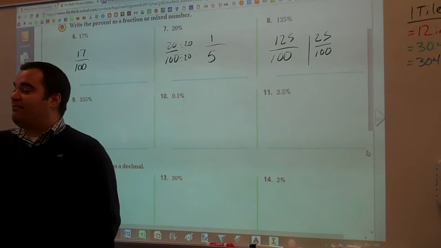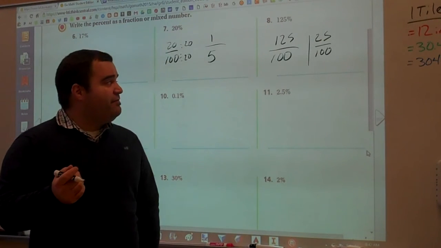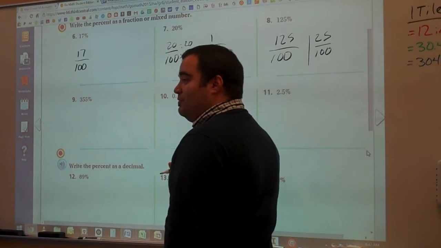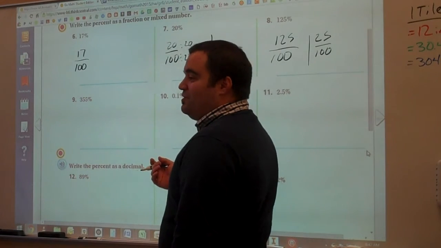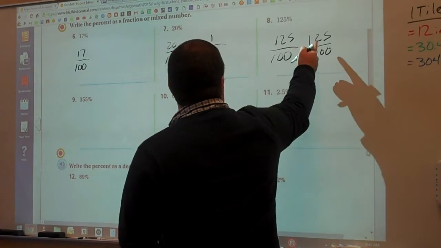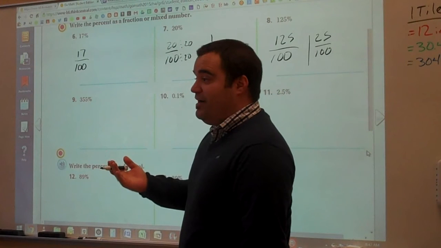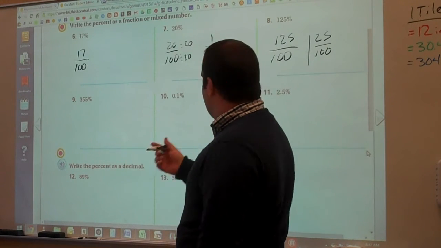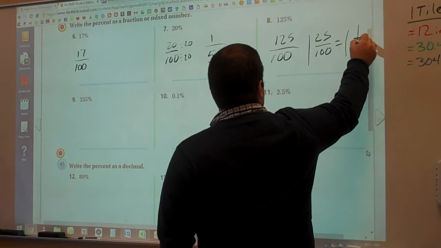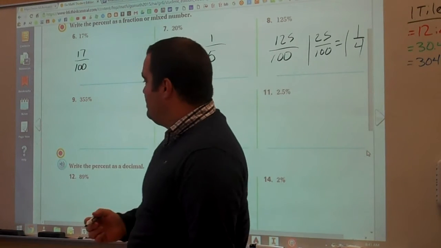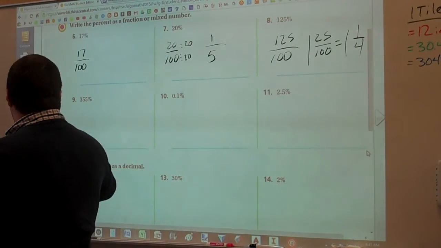If you reduce it by 5, Brenna, you get 5 over 20, which has to be reduced again. But if you reduce 25 and 100 by 25, you get 1/4. 1 and 1/4.